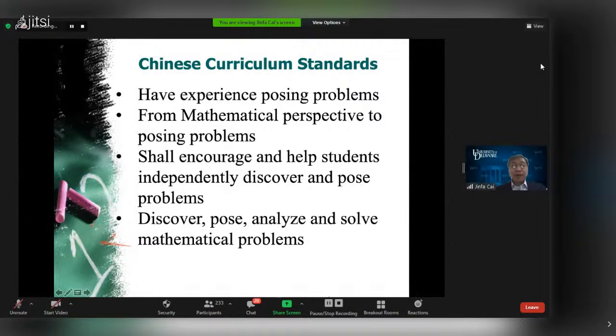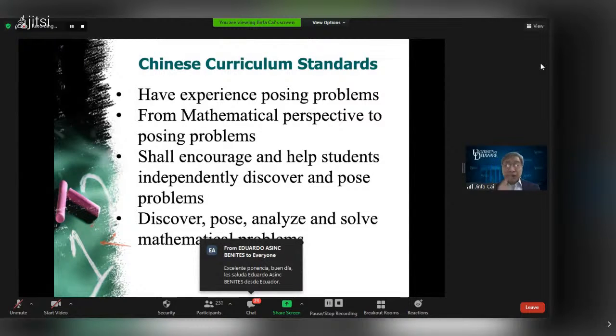It says we need to give students experience posing problems, and from a mathematical perspective, to pose problems. We should encourage and help students independently discover and pose problems, and discover, pose, analyze, and solve mathematical problems. So in a variety of areas, it talks about problem posing.